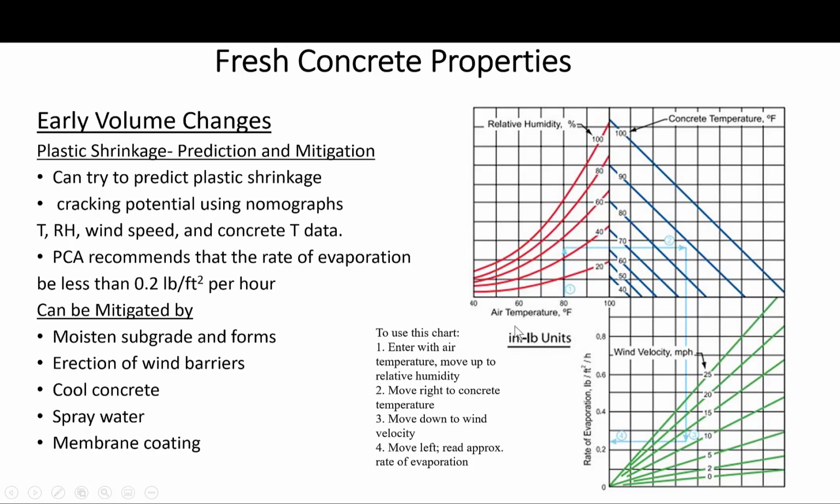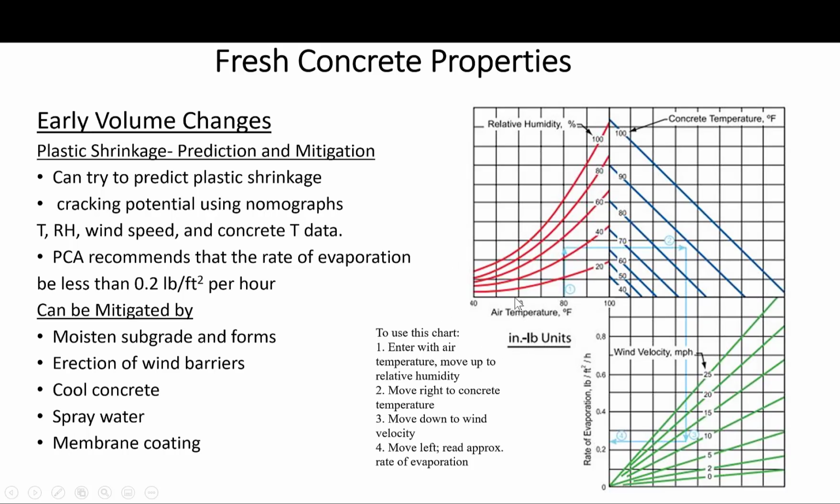This one here will tell you that the rate of evaporation must be less than 0.02 pound per square foot per hour. Okay, if the evaporation rate is more than that based on the use of this nomograph, then something has to be done.